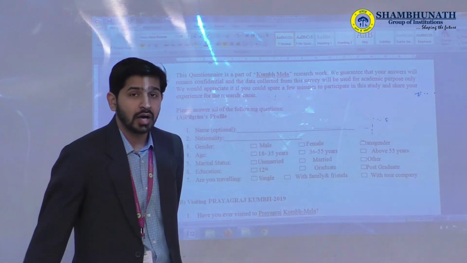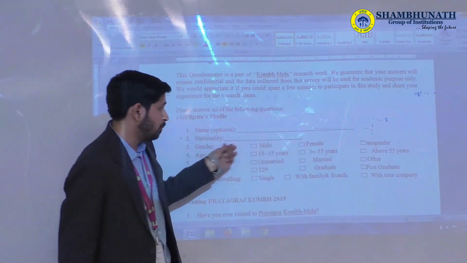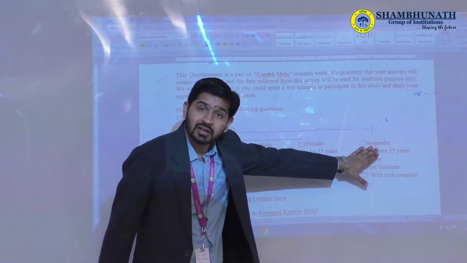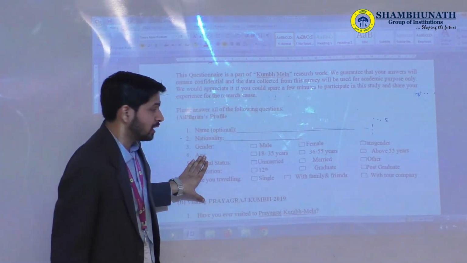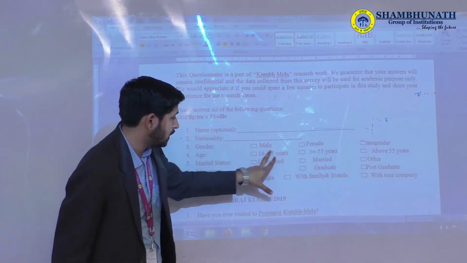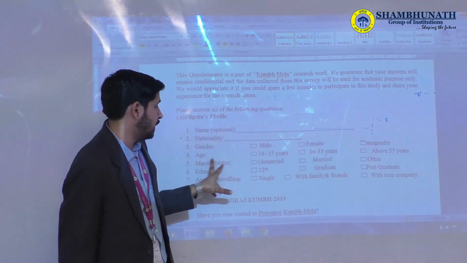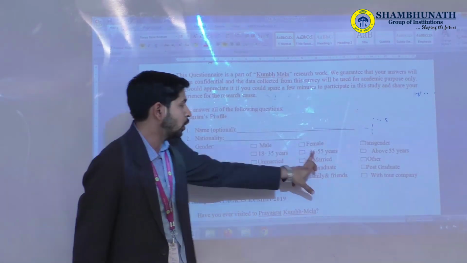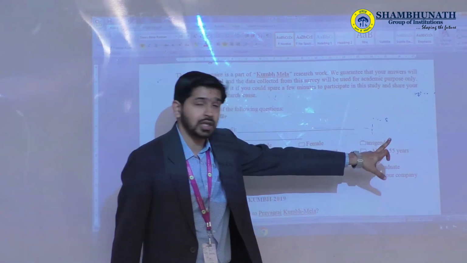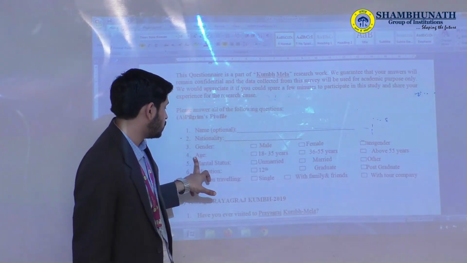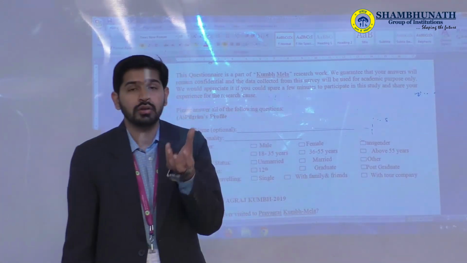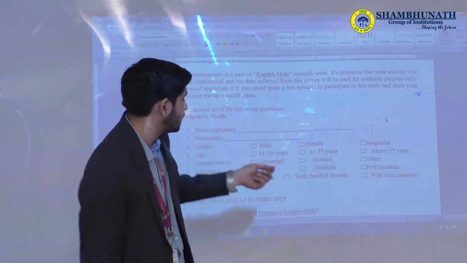Most of you have heard about that. So gender: male, female, and transgender. Then comes age. This is an interval, because if you mention an exact age like 18, 20, 30 or 40, out of 100 or 1000 people only 1 or 2 will have that exact age.